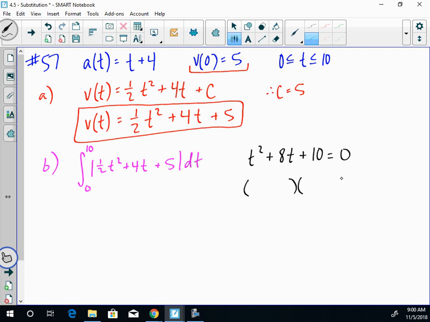Is this one factorable? Where we get the t and they add to here and multiply to here. Multiplying to 10 would be 10 and 1 or 5 and 2. That's not going to work, right? So this would end up being a calculator question. Obviously, we could jump to negative b plus or minus square root. They're not going to make you do that on the AP test.